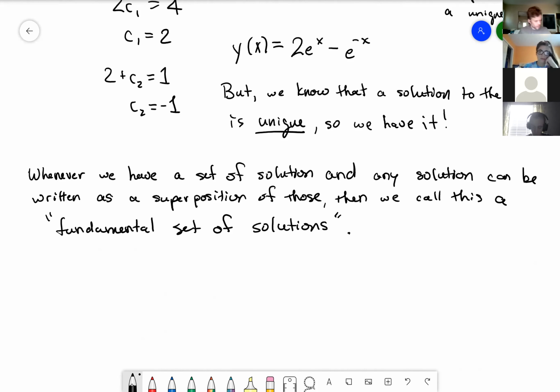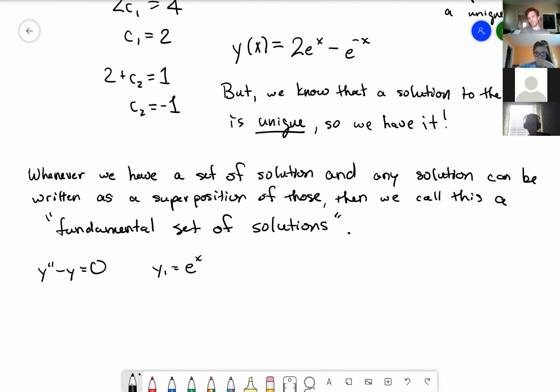Now, very quickly before I jump into talking about this, we still have 13 minutes. Let me give an example of a case where we don't have a fundamental set of solutions. So before we saw that for y double prime minus y equals 0, we had y1 equal e to the x.